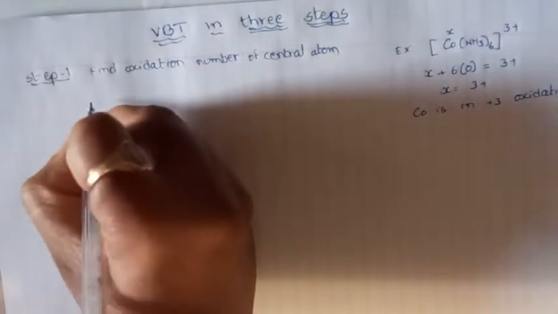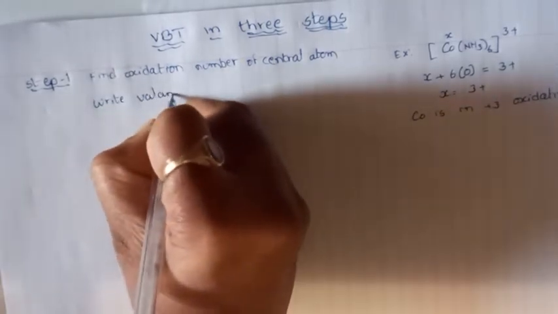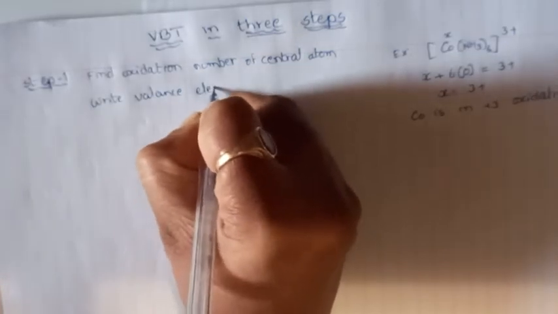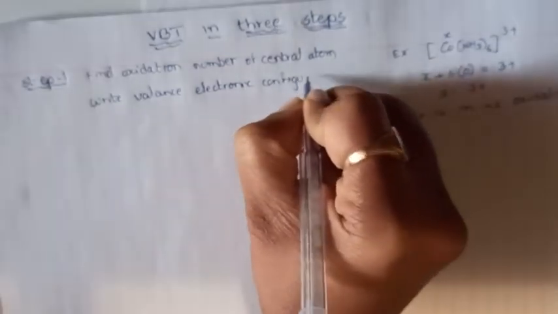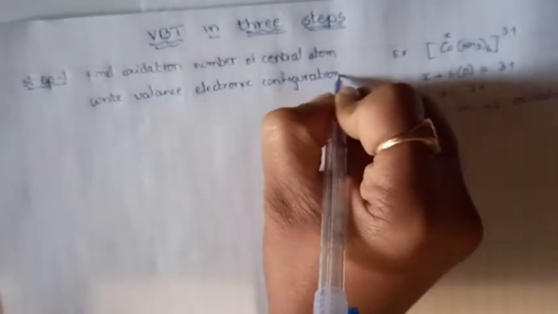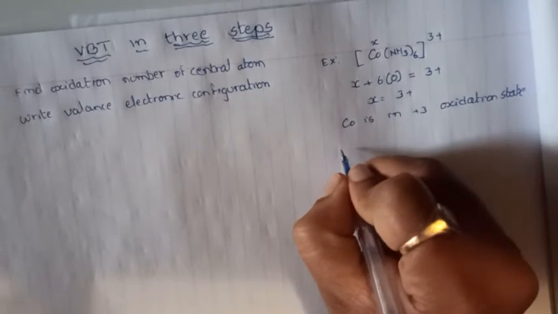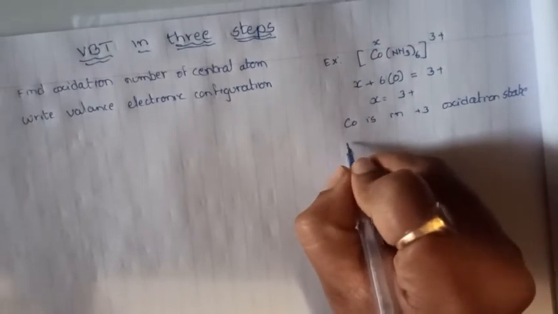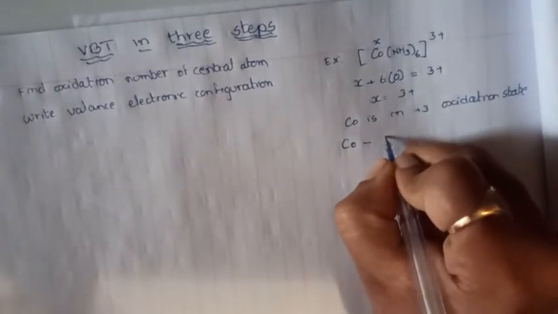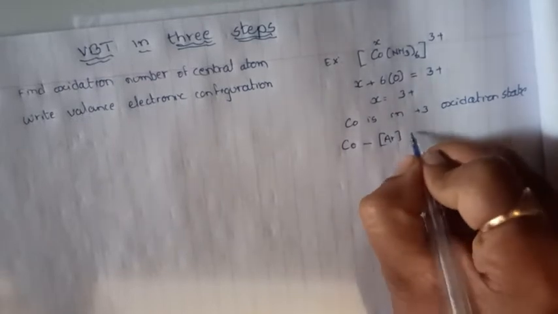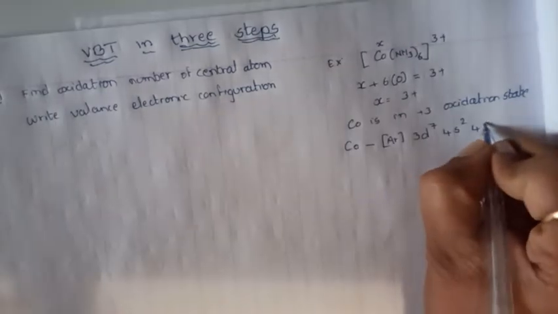Then you have to write the valence electronic configuration of the metal atom. How can I write the valence electronic configuration of cobalt? Cobalt's configuration is argon 3d7 4s2 4p0.